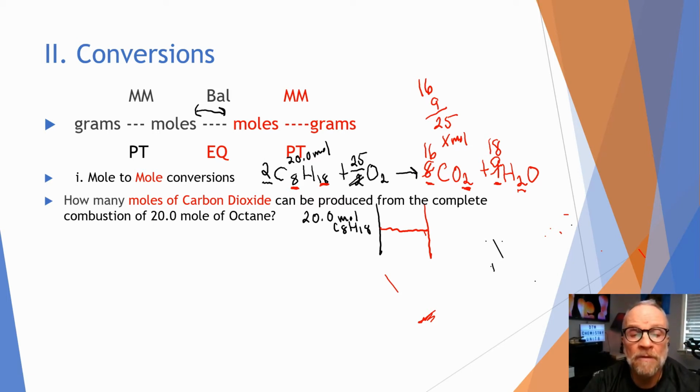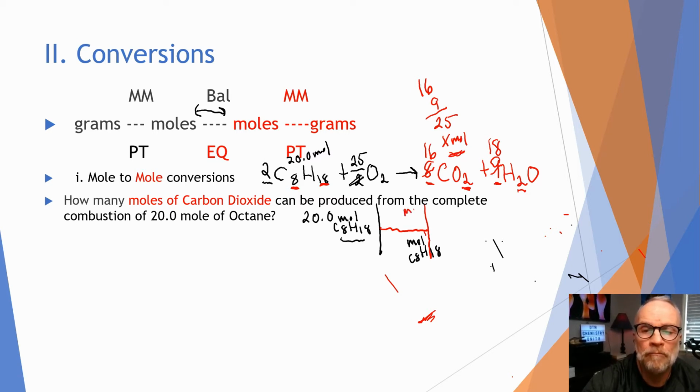What goes on the bottom of our conversion factor? Well, whatever we're starting with, right? So moles of C8H18 will go on the bottom. And what we're solving for goes on top, which is the moles of CO2. So for moles to moles, we use the balanced equation and the coefficients off that balanced equation.